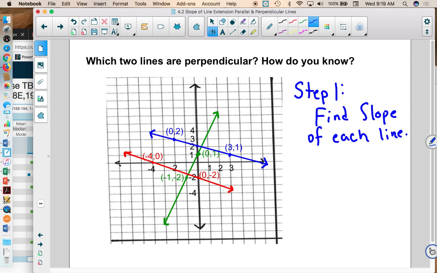Getting there. 3 minus 0. Why? If you have a positive 3, you don't take anything away. You still have positive 3. So now, let's try that. Now, 2 minus 0, over 0 minus -4.